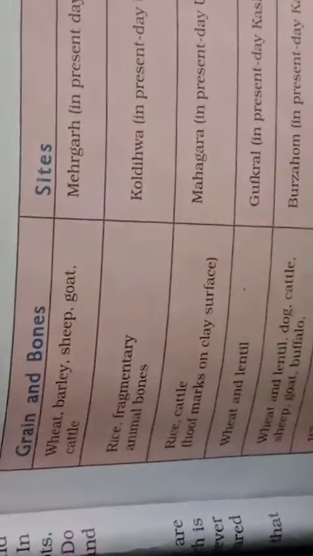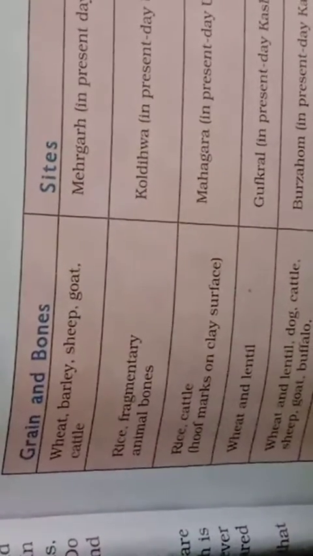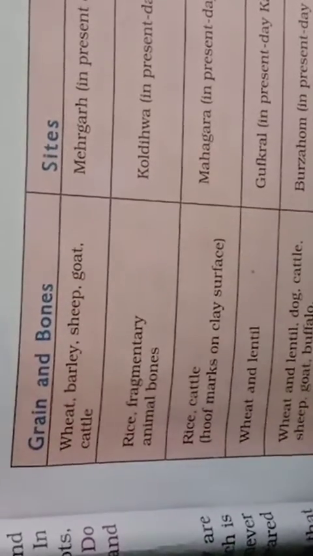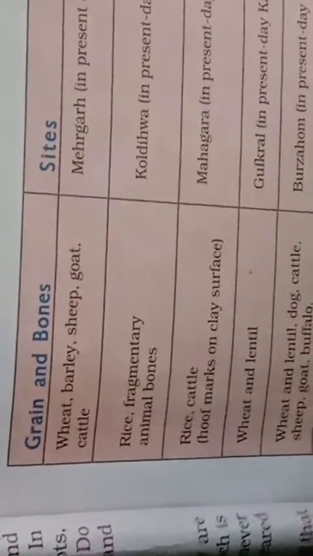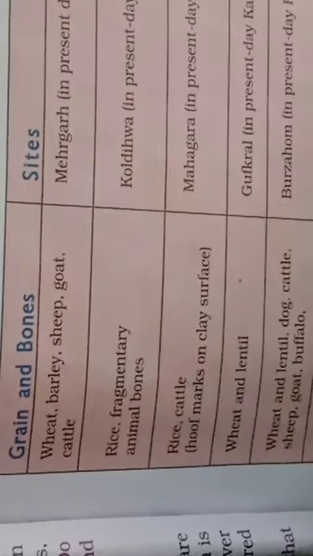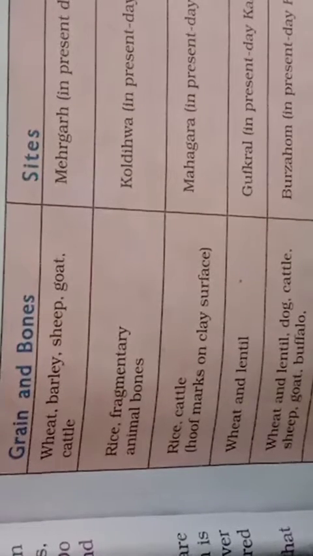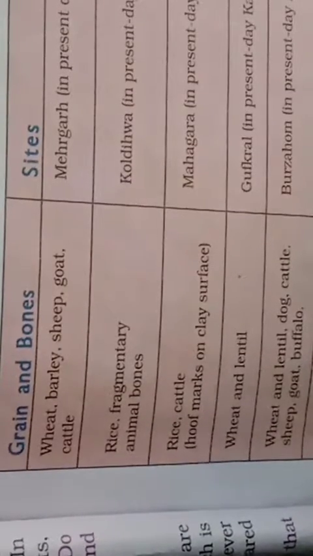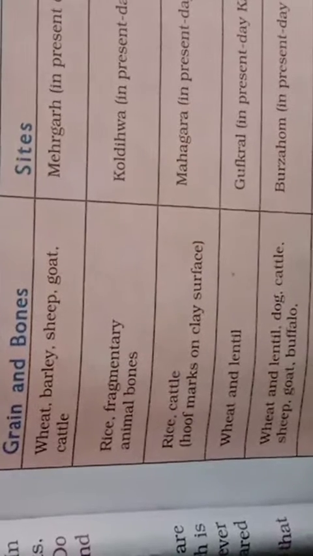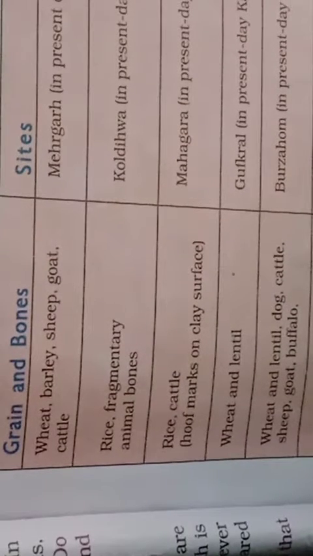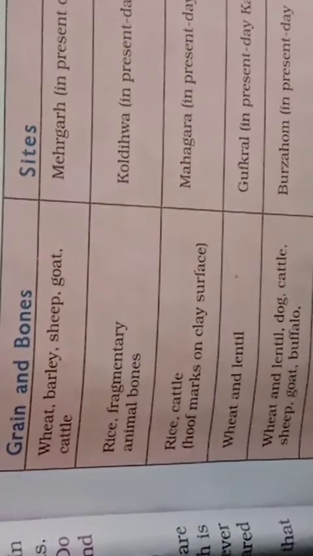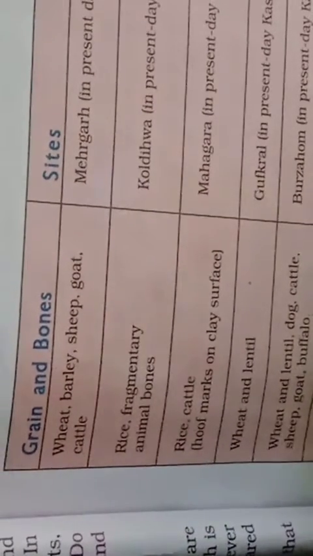So in Mehrgarh, all these evidence were there, and rice, fragmentary animal bones, all these were found in Koldihwa in present day Uttar Pradesh. Then cattle, hoof marks on clay surface, all these were found in present day Uttar Pradesh.